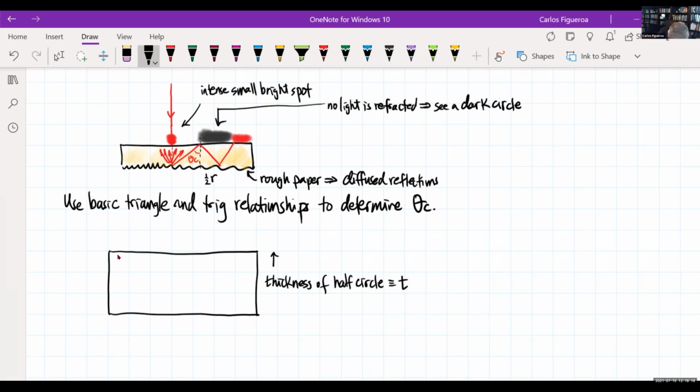Because that spot is so tiny, the center is so tiny, the light you cannot see until, so from here to here, this here is the radius of the circle.